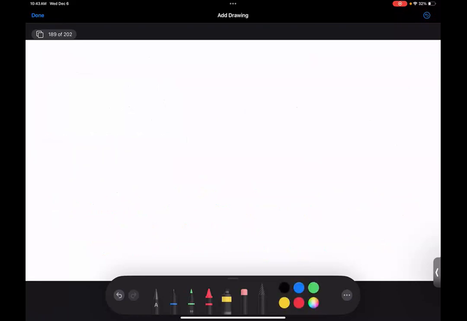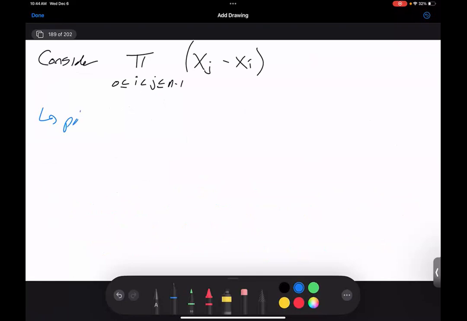So let's consider the product, 0 less than or equal to i less than j less than or equal to n-1, of xj minus xi. Do we agree that this is a polynomial? When we expand it out, it's going to be a polynomial.